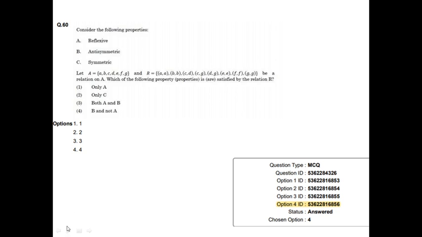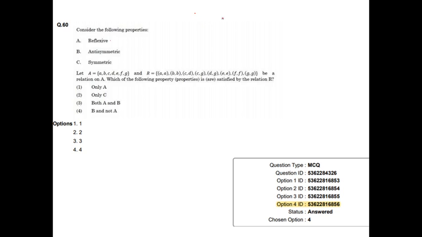Now we can easily find the answer. First, let us check which of the given properties are satisfied by this given relation. First is reflexive.